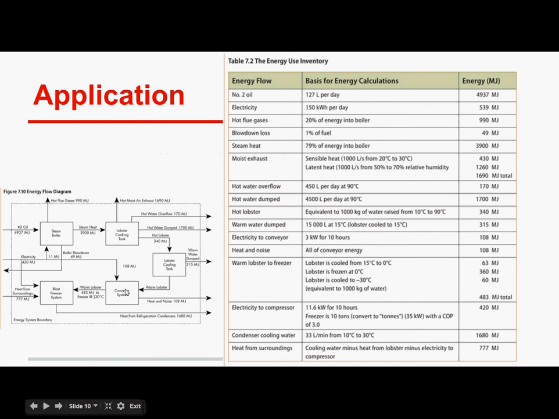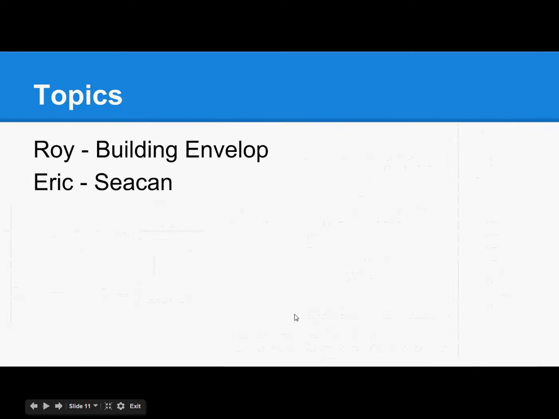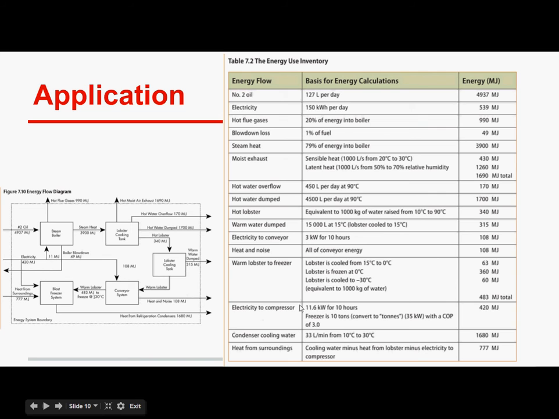I went home yesterday and wondered, how do you quantify noise, right? Usually everything turns to heat. You'll see that we're losing some heat and noise from the conveyor system, and as labeled here, all of the conveyor energy is given off as heat and noise.